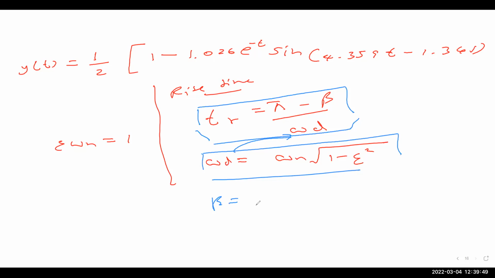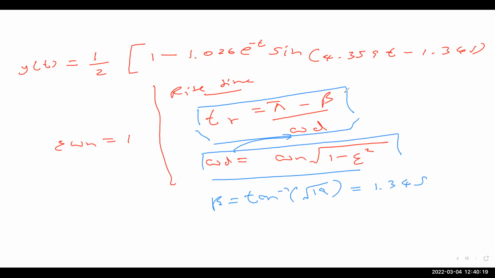tan inverse of your complex poles, that is square root of 90, right? That's what we got, right? Square root of 90. So this will give you 1.345, right?